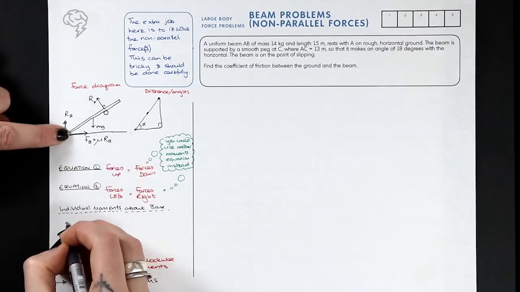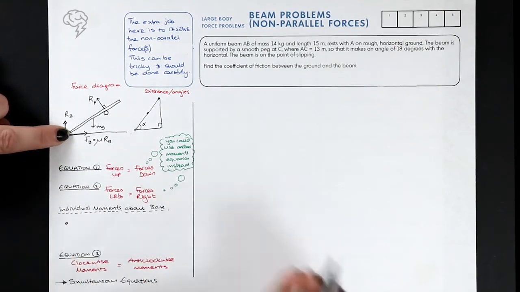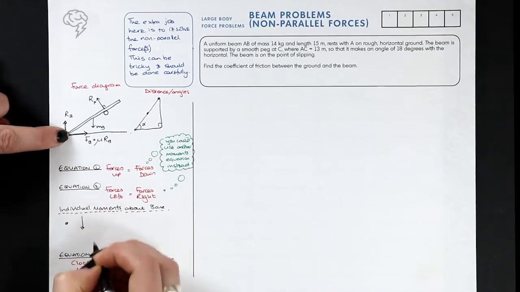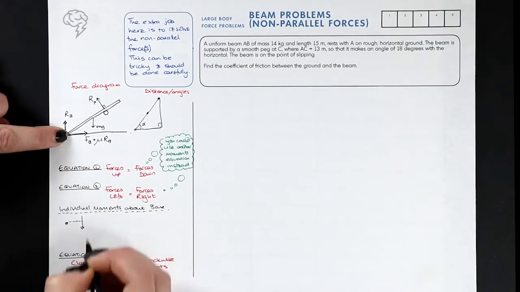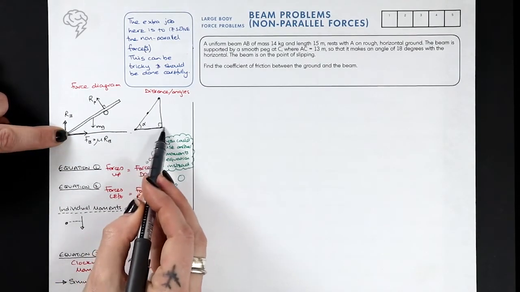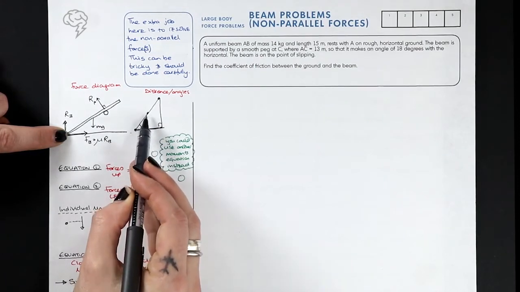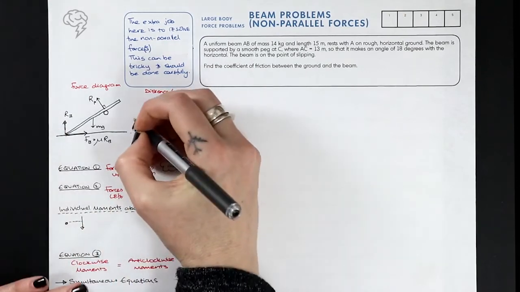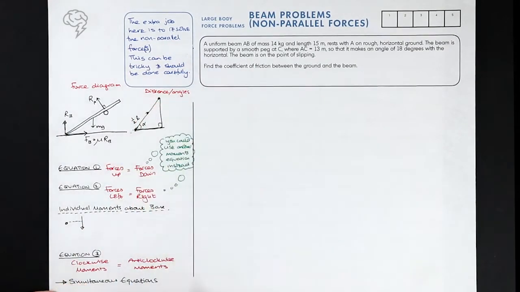And if I'm doing it around the base, which I don't have to do, I could do the moments about anywhere, but if I am doing it around here, then the weight, the perpendicular distance there, is this distance across here. So the diagonal distance there, if it's a uniform beam, will be half the length of the beam.